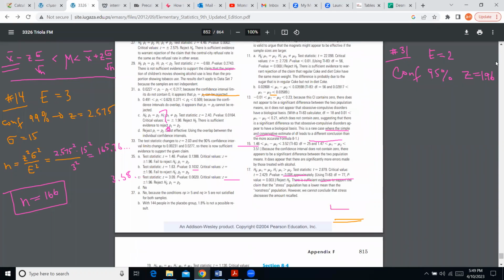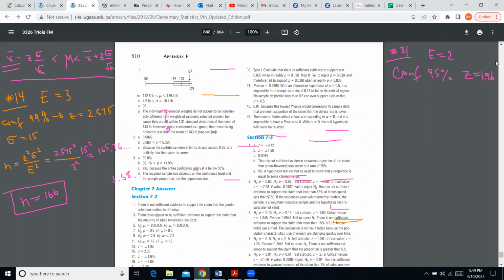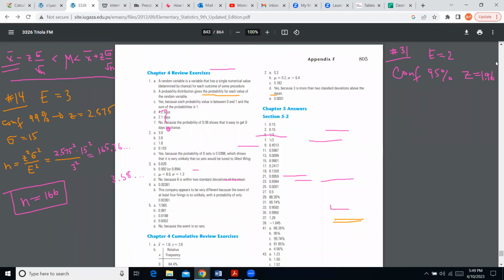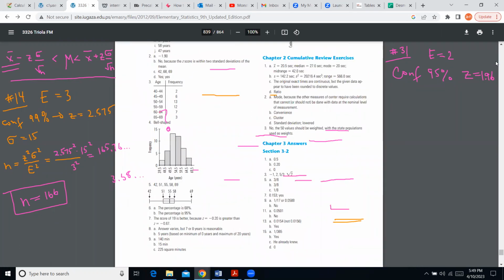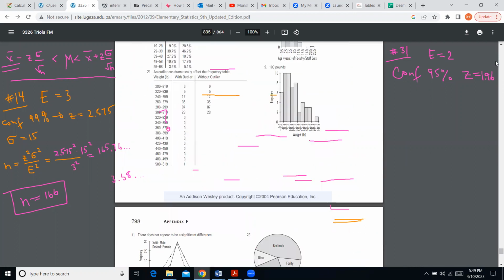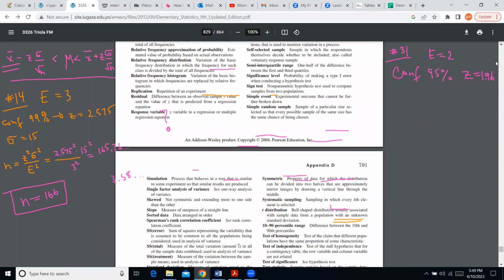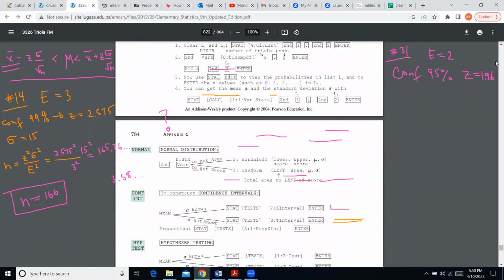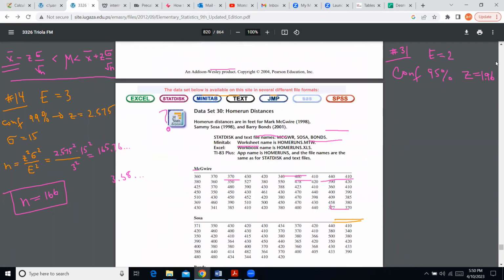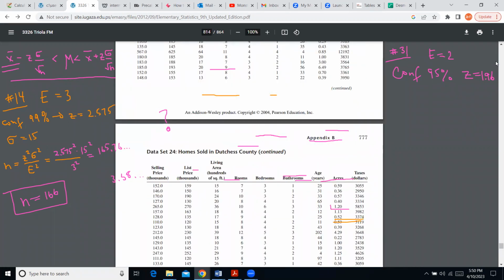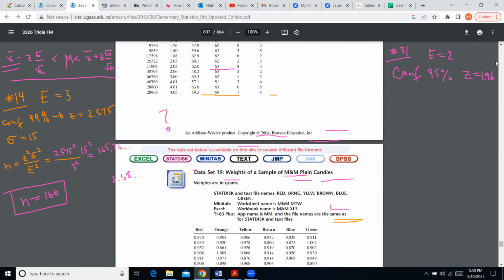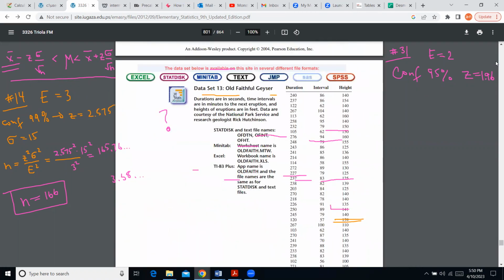They're just answers, right? Let me check. That's kind of odd. I wasn't careful. I know there are no data here. I just want to double check, make sure. Oh, there is a data set. Oh yeah, there are data sets at the end. Oh, great. See, it was a different edition that didn't have data sets.